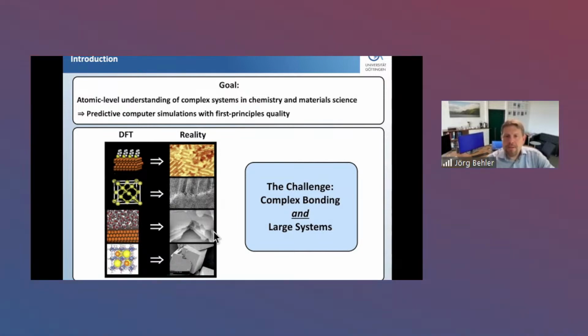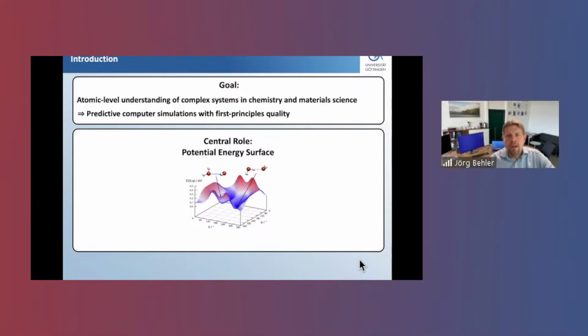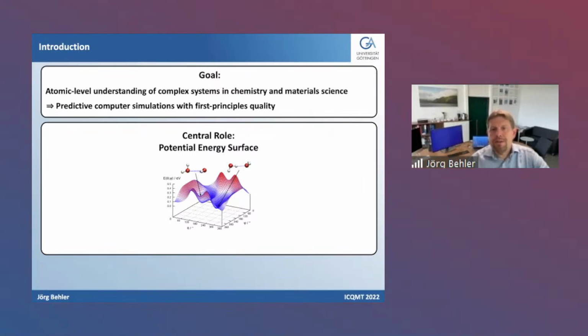And this combination of the need to describe very different types of bonding, which I would like to summarize as complex bonding, covalent interactions, metallic interactions, ionic bonding, dispersion interactions, all with high accuracy, and at the same time large systems that often contain thousands to tens of thousands of atoms to model statistical structure setups, makes these simulations very challenging for theory.